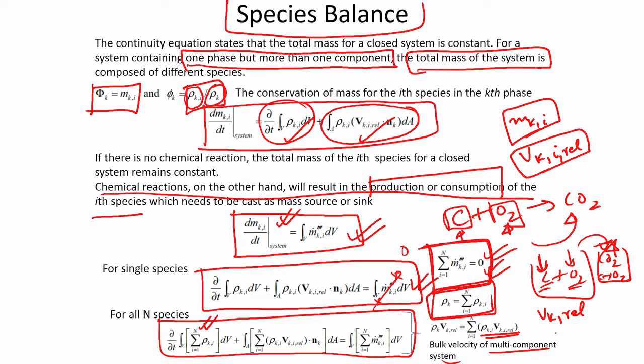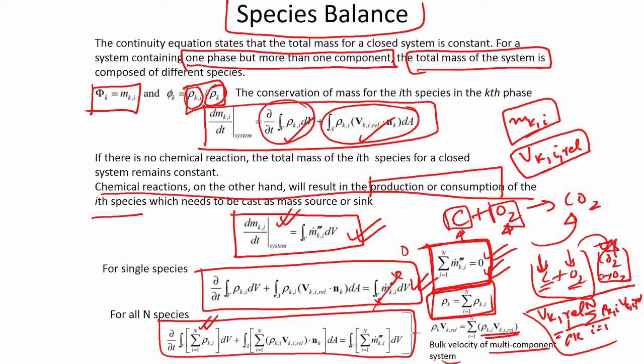So that is why V k can be written as 1 over rho k, summation of i equal to 1 to n, rho k i into V k i relative. So that you can say from this particular expression.